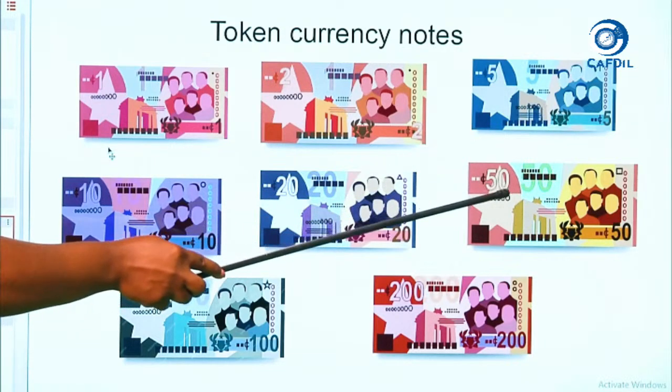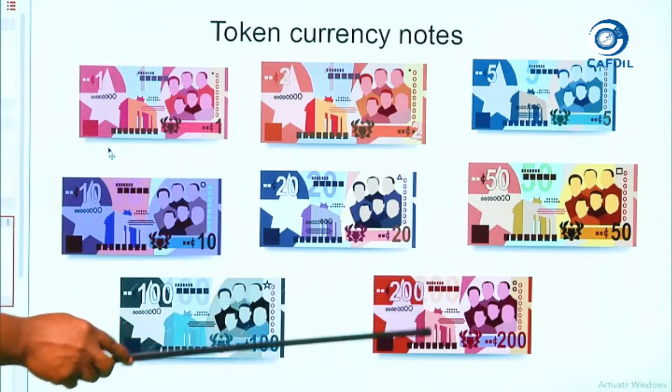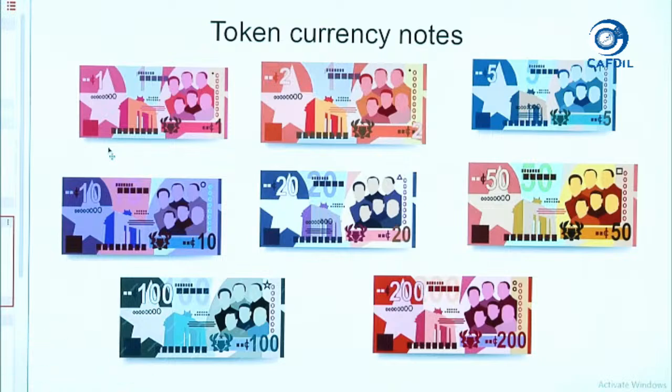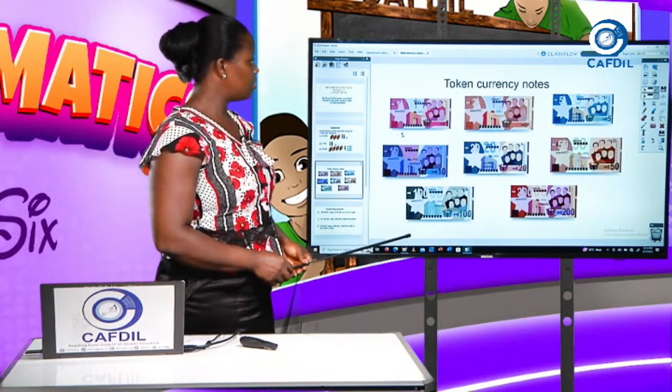We have 50 cedis, 100 cedis, and then 200 cedis. This is my token currency. And we are going to use this to model quantities.